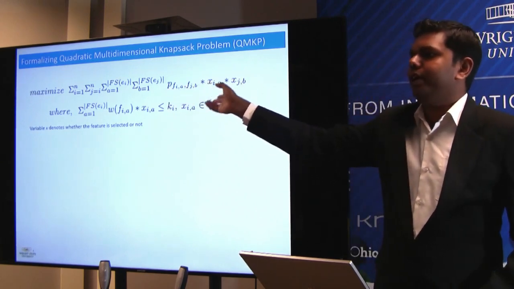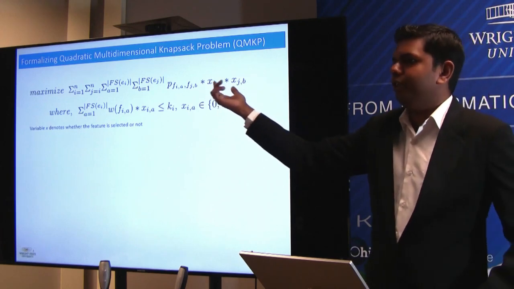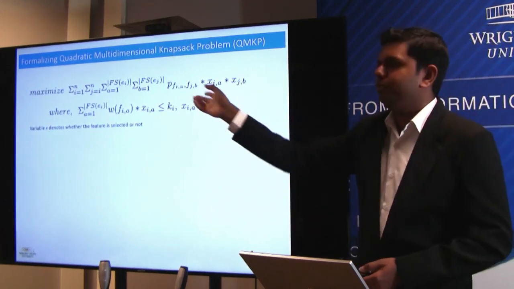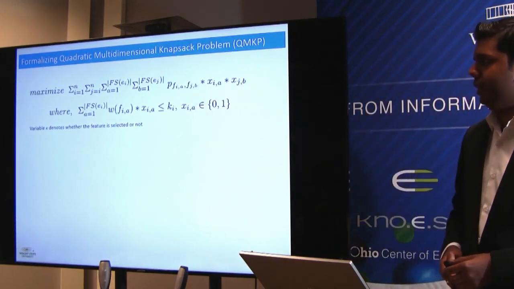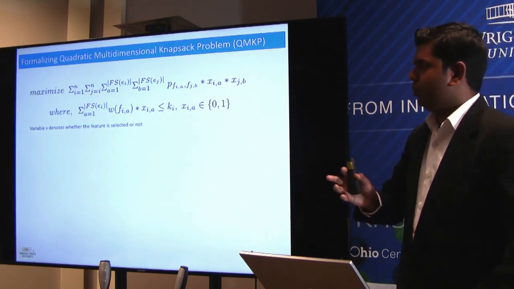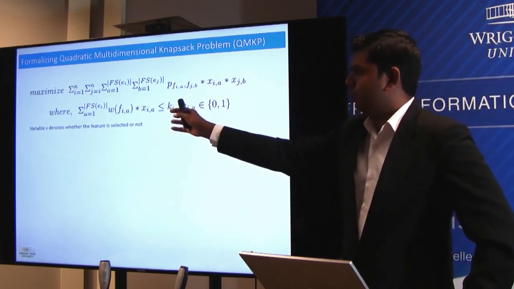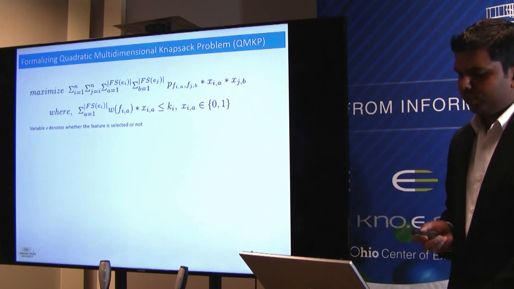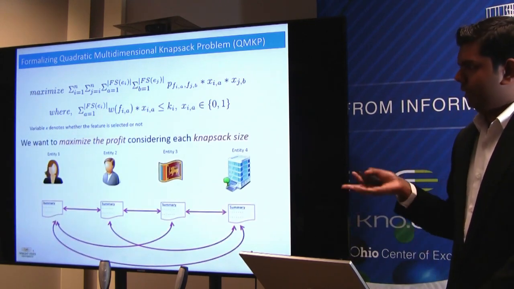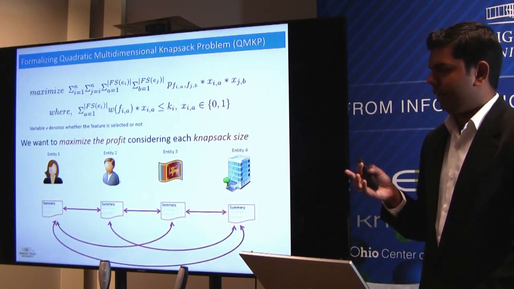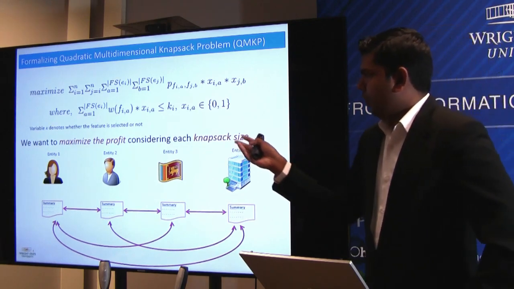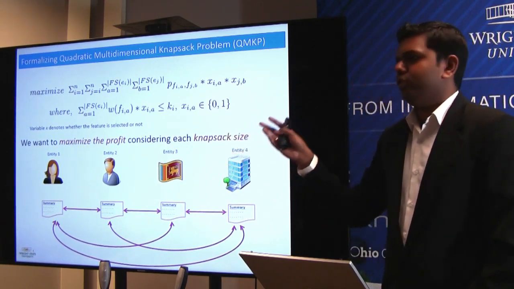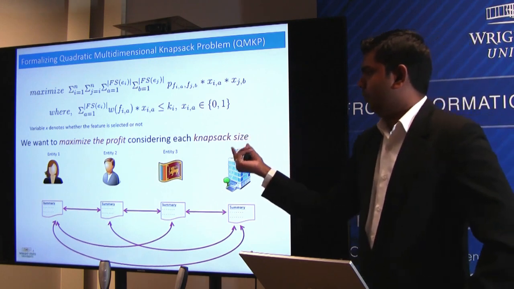So final profit determines which features we select based on this pairwise profit computation, and also restricted to the constraint of each knapsack. So the idea here is taking the abstract idea that I mentioned earlier. Maximizing the profit should also be done according to the knapsack size.